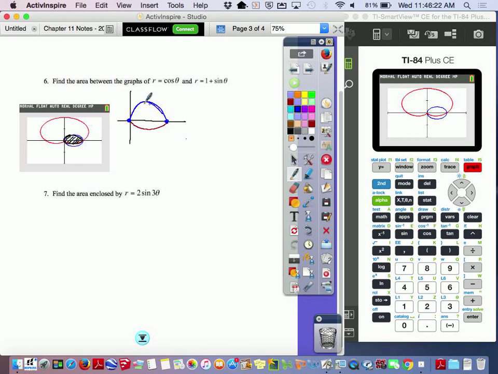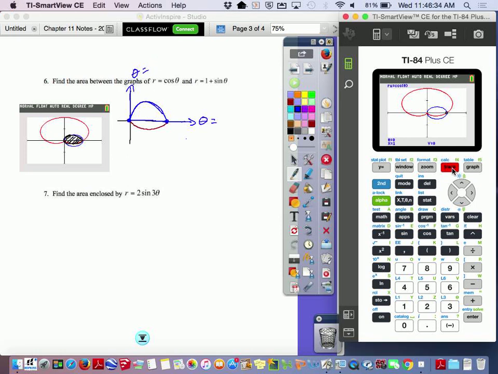If I'm doing the circle here, I'm looking for this radial line and this radial line. So I'm going to trace this graph. When I hit trace, again, I check the top of the calculator: is it the curve I'm looking for? It's cosine of theta. Then I arrow over till I get back to the origin. I went way too far.